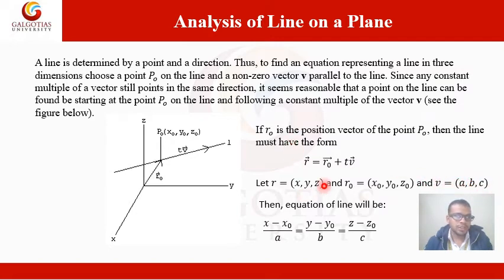You can put in the values of r0 and v, and also put the value of r as x, y, z, and then equate their components. In that case, you get the equation of the line, which is x minus x0 by a is equal to y minus y0 by b is equal to z minus z0 by c.